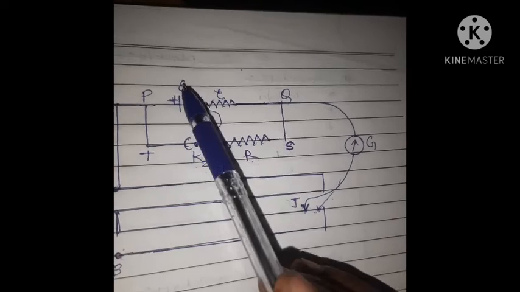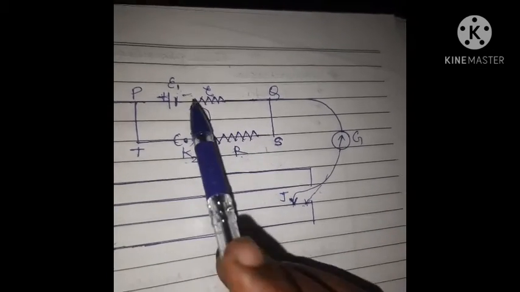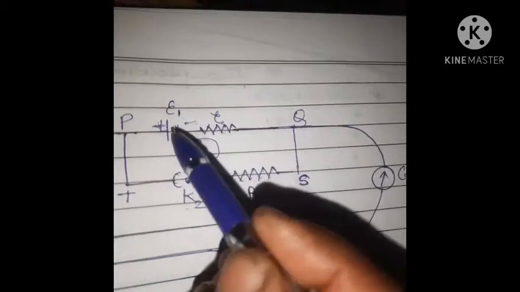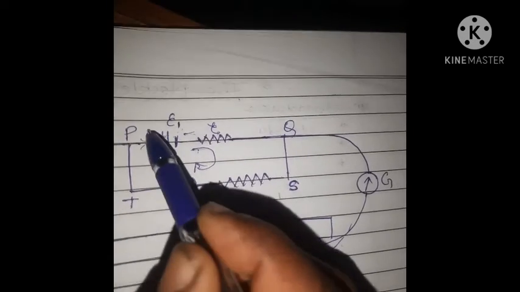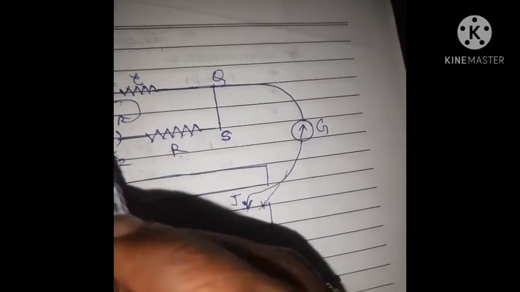So EMF is taken as negative, and current, suppose I, is flowing through the cell and through this resistance.